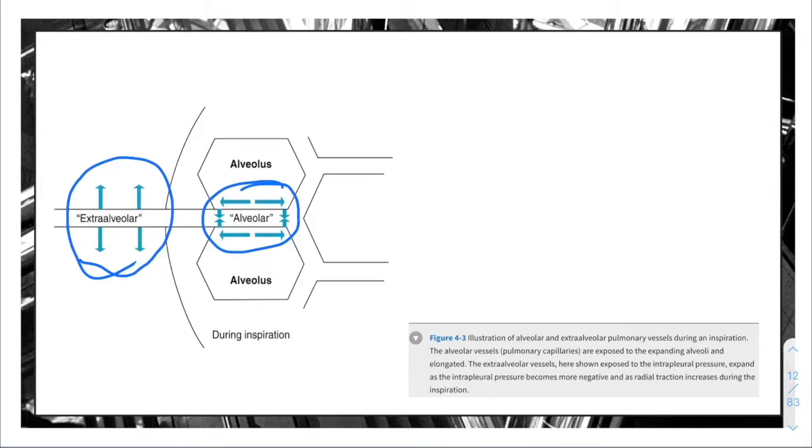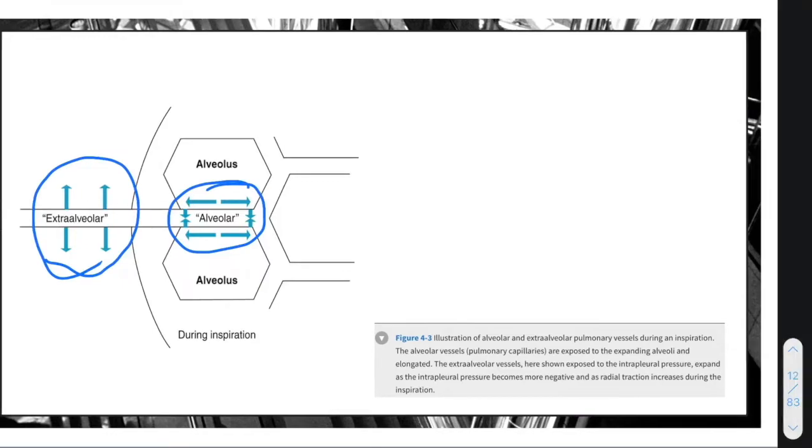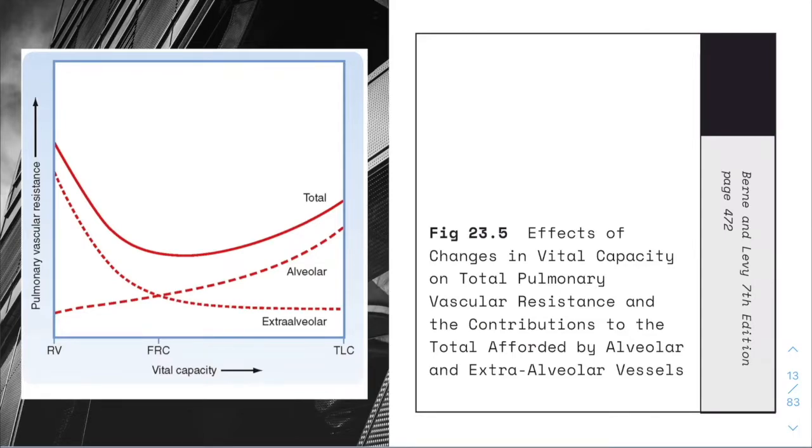So what happens? How does this affect your vascular resistance? Looking at this graph wherein you have your residual volume, FRC, and TLC, on the y-axis you would note your pulmonary vascular resistance.